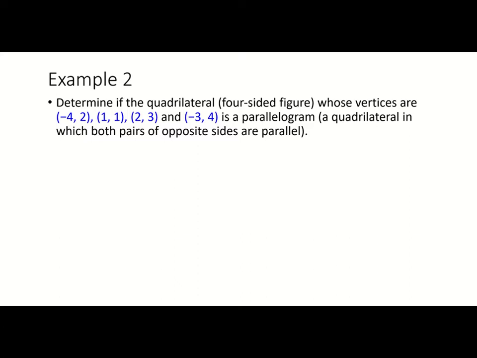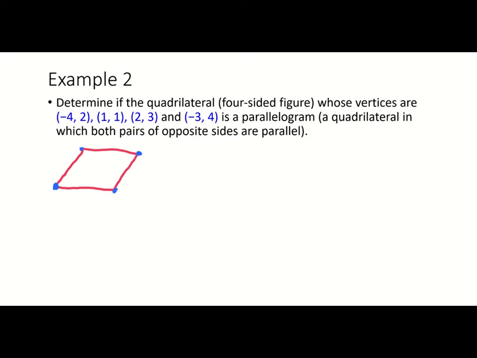This is my drawing, so it's not fabulous, but it looks similar to this. Opposite sides are parallel. They gave us the vertices on the 4 corners of our quadrilateral.